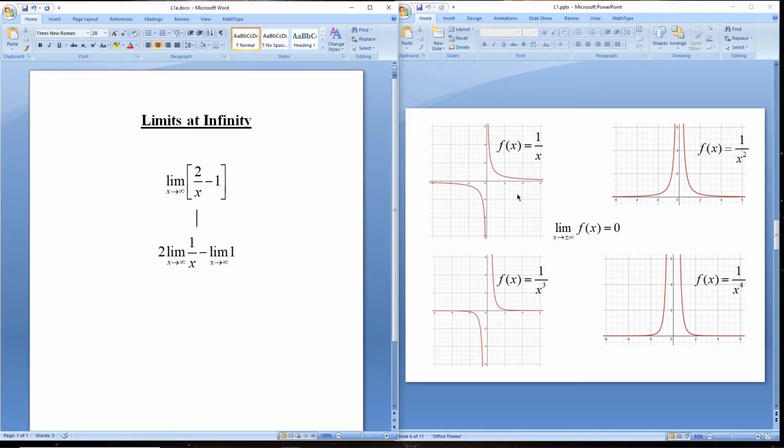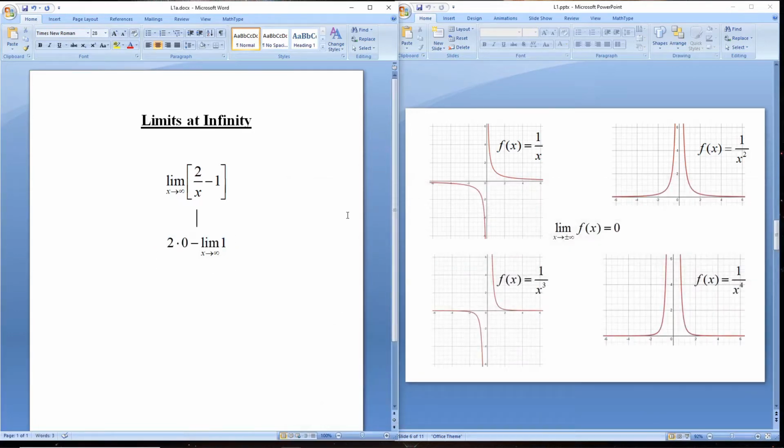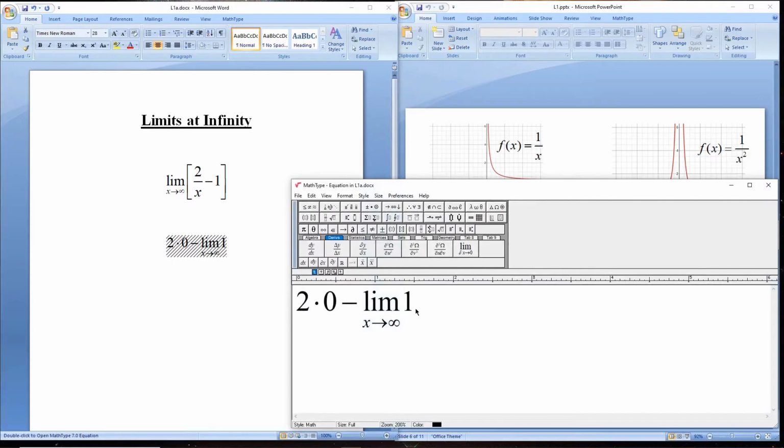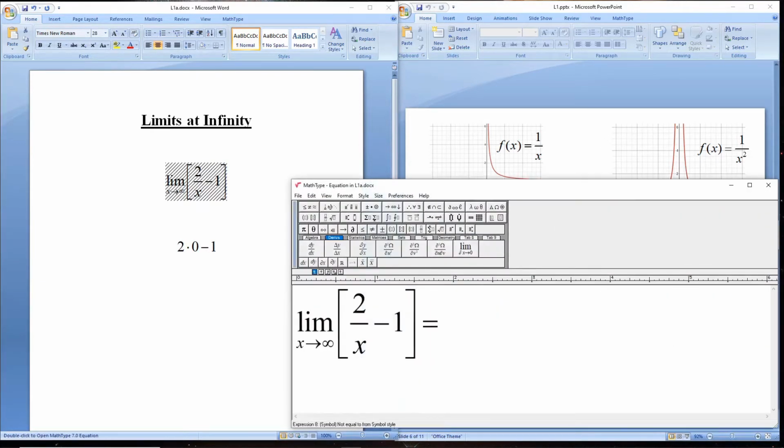This function right here. And as x goes to infinity, this limit will be 0. And the limit of a constant is always that constant. And there's our answer. So this limit equals minus 1.